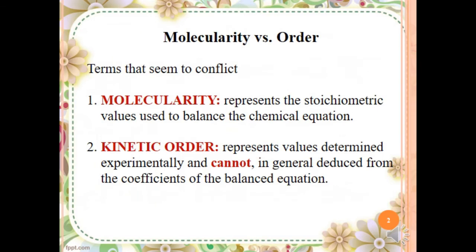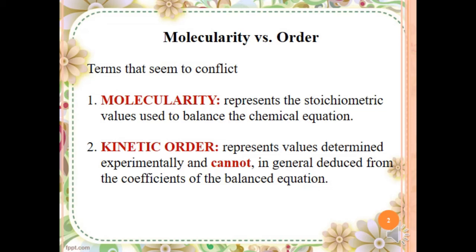So the term elementary reaction seems to be conflict, especially with kinetic order, because kinetic order can only be determined experimentally and cannot be deduced from the coefficient of the balanced chemical equation. However, molecularity, yes. Okay.